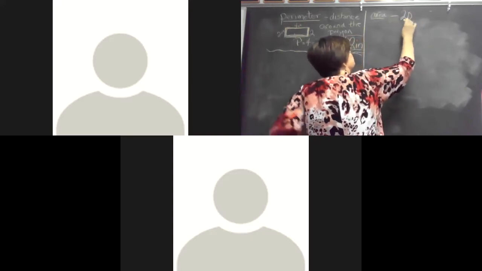it's two-dimensional, that's what the D means, two-dimensional. I was going to say area, but you're not supposed to use that in a definition. Area inside the perimeter.